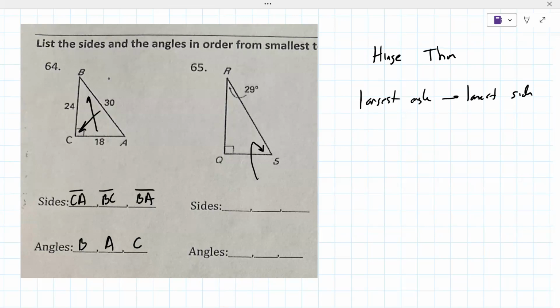So wouldn't it be? Wait, this one is 90. Oh wait, oh 90.